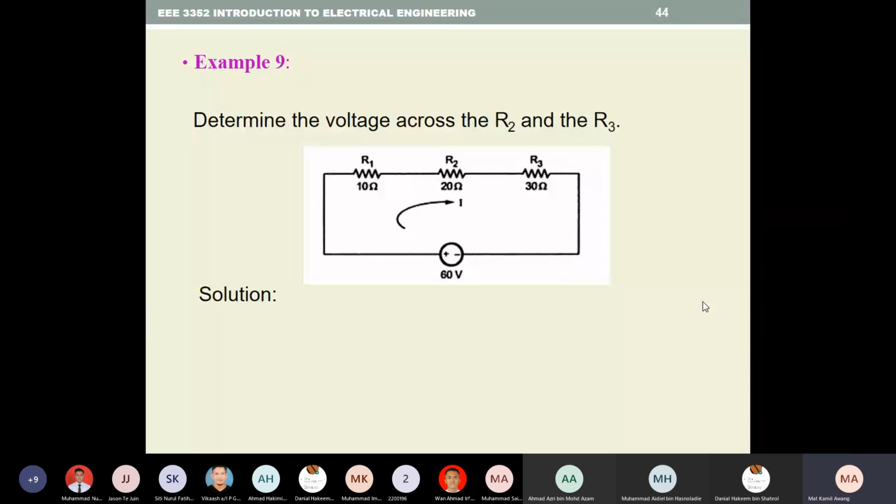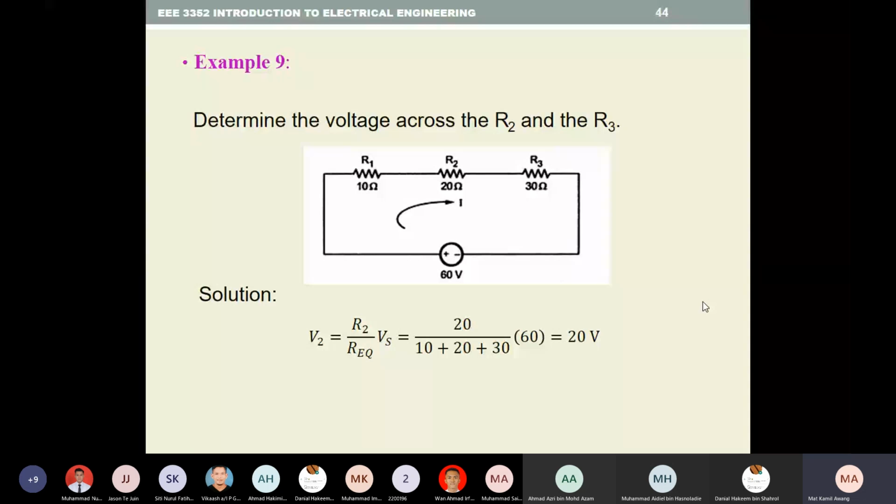It is equal to R1 plus R2 plus R3, so 10 plus 20 plus 30 equals 60 ohms. Therefore, V2 is equal to R2, which is 20 ohms, divided by R equivalent, which is 60 ohms, times 60. So V2 is equal to 20 volts.